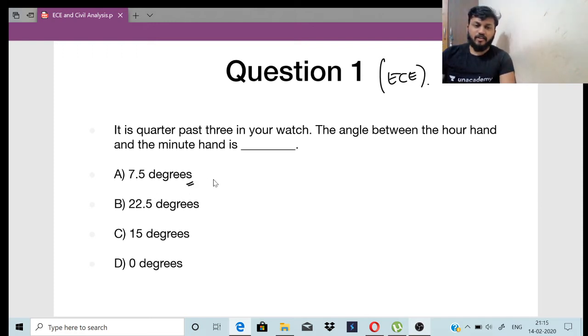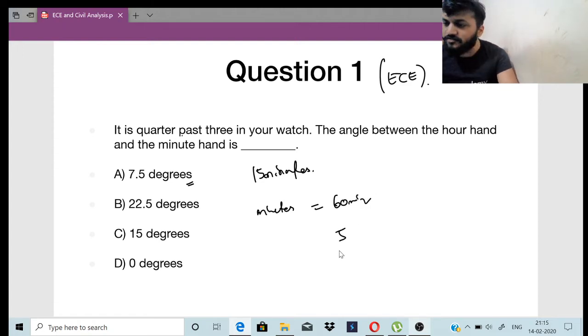Yes, it is 7.5. 3:15 means 15 minutes. In the minute hand, 60 minutes is equal to 5 units in the hour hand.